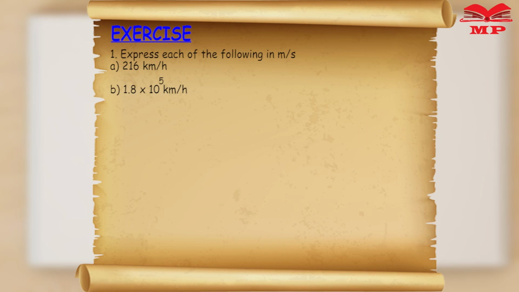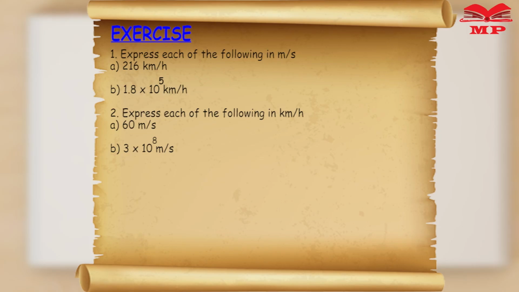A, 216 kilometers per hour. B, 1.8 times 10 power 5 kilometers per hour. Then number 2, express each of the following in kilometers per hour. A, 60 meters per second. B, 3 times 10 power 8 meters per second.